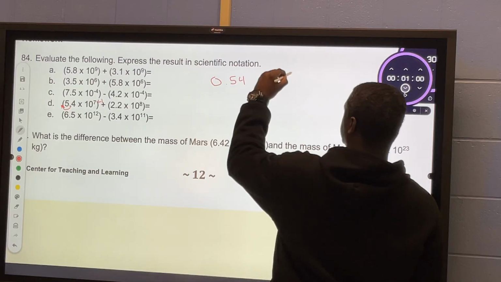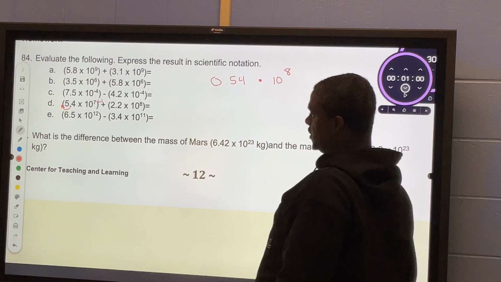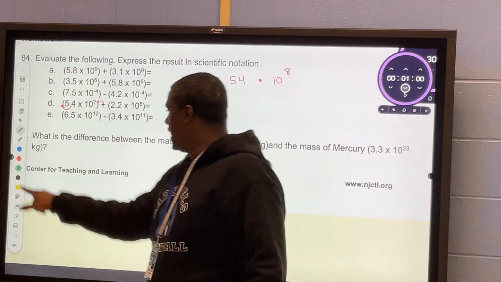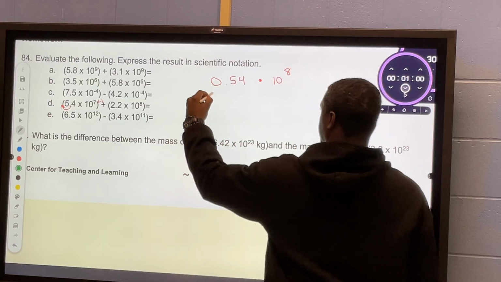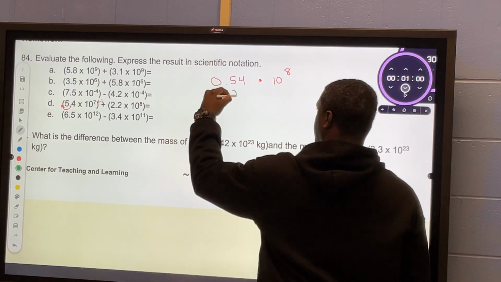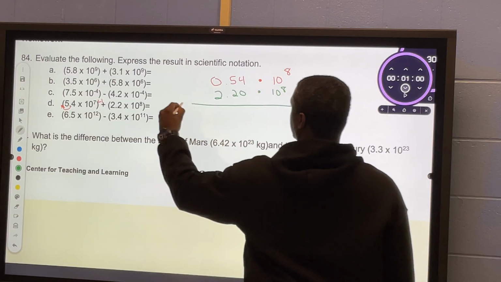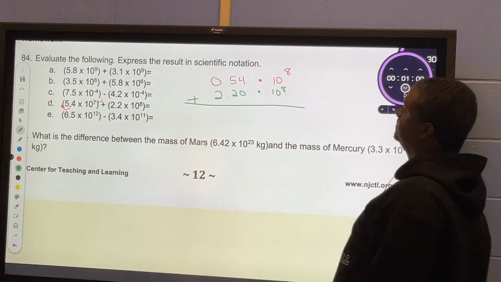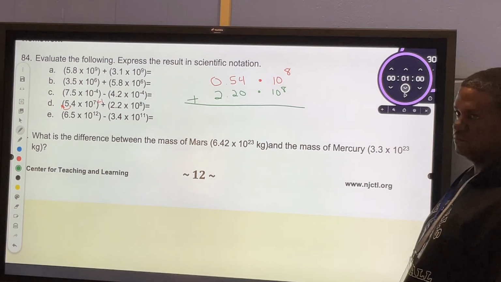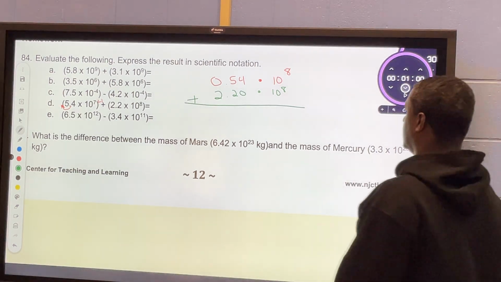To the 8th power. Now I can add: 2.2 times 10 to the 8 plus 0.54 times 10 to the 8 gives 2.74 times 10 to the 8.